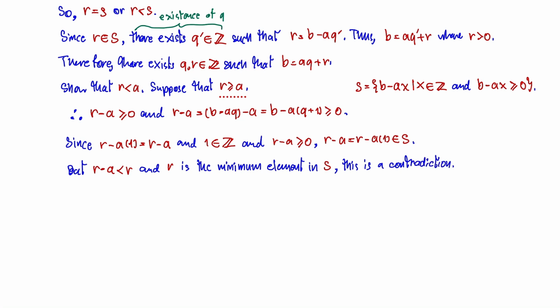Therefore, R is less than A, and A is the absolute value of A. So we've just shown that R is less than the absolute value of A.